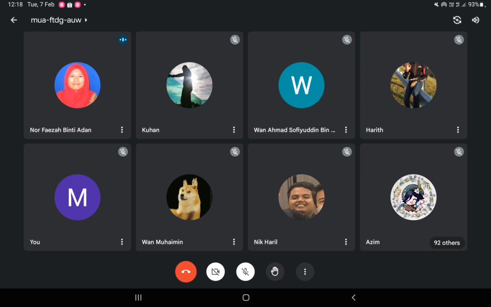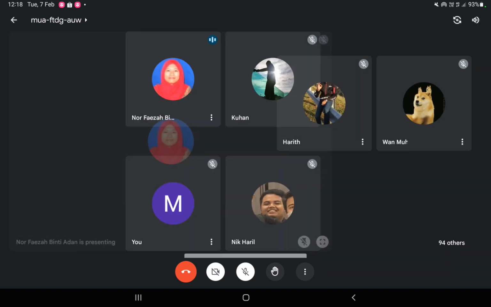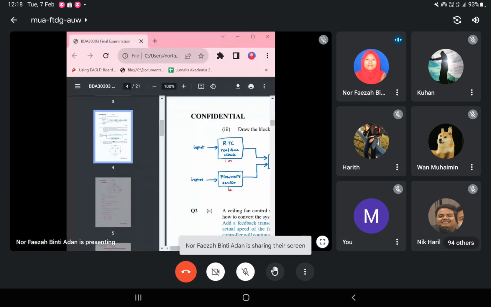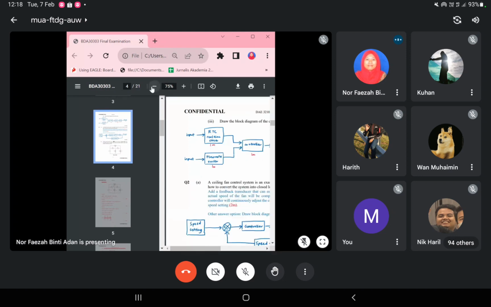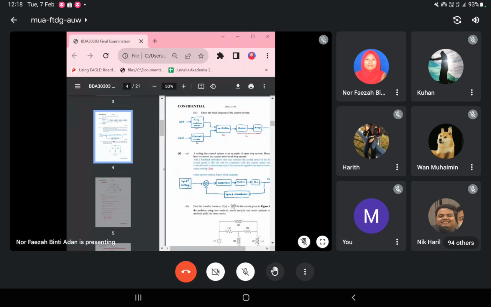Sekejap. Mana ni? Okay. Window. Okay, so ni adalah soalan final SEM 1 2021 which is 2 years ago. Kenapa dia buka kat sini?